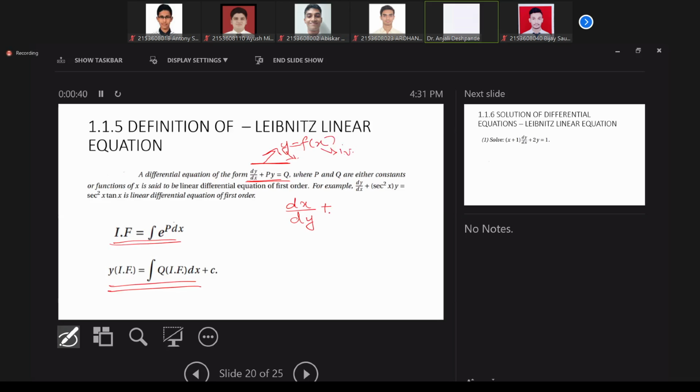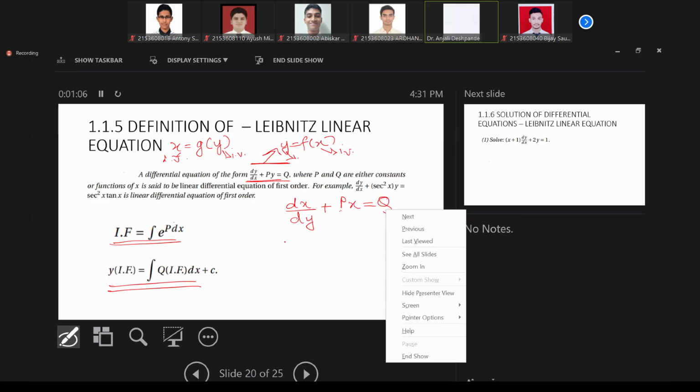But supposing it is the reverse, say x is equal to g(y), then y is the independent variable and x is the dependent variable. In that case our equation will change to dx by dy plus px equals q, where p and q are either constants or functions of y.